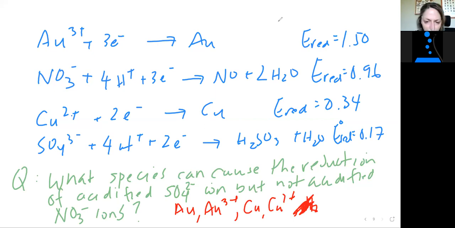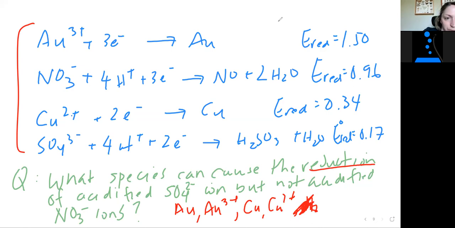So again, it says which species can cause the reduction of acidified sulfate, but not acidified nitrate. What does that mean? What are we doing with the sulfate and the nitrate? We're reducing them.